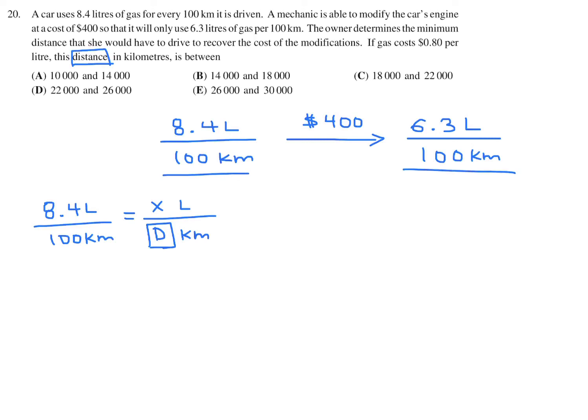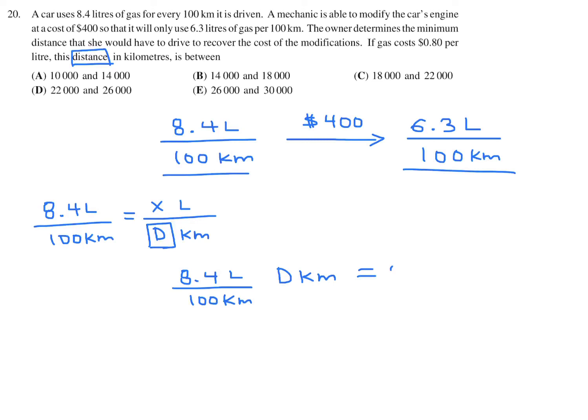For the first one right here, we have 8.4 liters per 100 kilometers. And we want to multiply that by D kilometers. All right? And that basically will allow us to figure out how much money we spent. Okay?